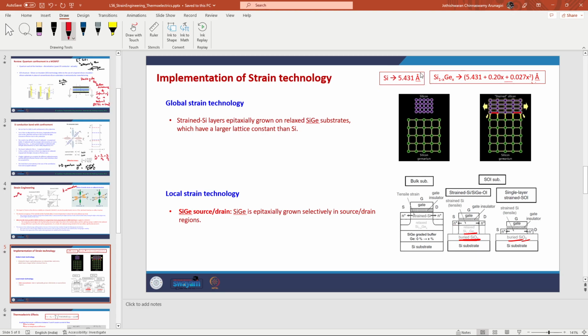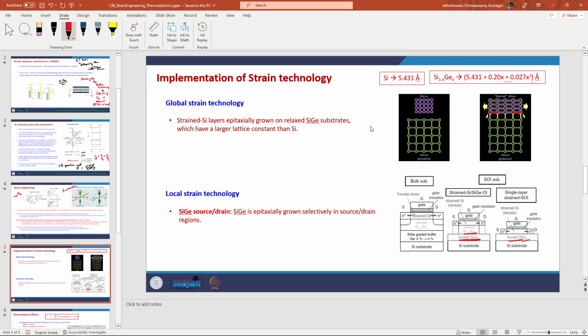Silicon has this kind of lattice constant, and silicon germanium, depending on the stoichiometric ratio, the fraction of germanium present, will have a lattice constant that varies like this. By increasing the amount of germanium in the material, a silicon germanium interface, if I can grow it in that fashion, will always have an intrinsic global strain because of the lattice constant mismatch.